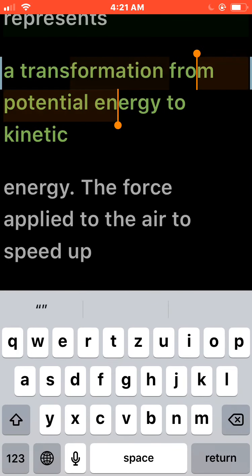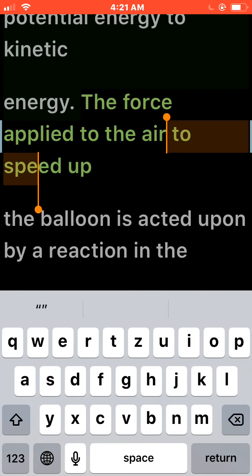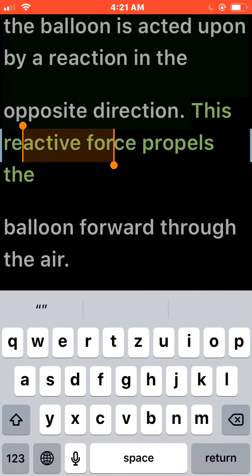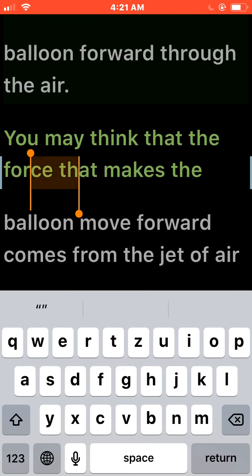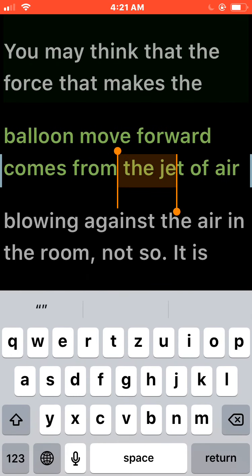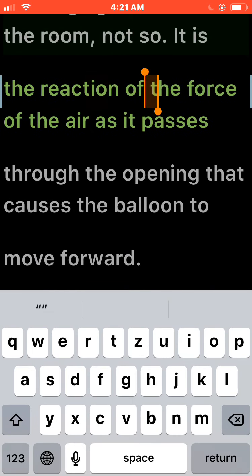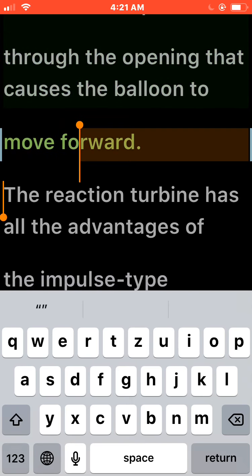This represents a transformation from potential energy to kinetic energy. The force applied to the air to speed up the balloon is acted upon by a reaction in the opposite direction. This reactive force propels the balloon forward through the air. You may think that the force that makes the balloon move forward comes from the jet of air blowing against the air in the room. Not so. It is the reaction of the force of the air as it passes through the opening that causes the balloon to move forward.